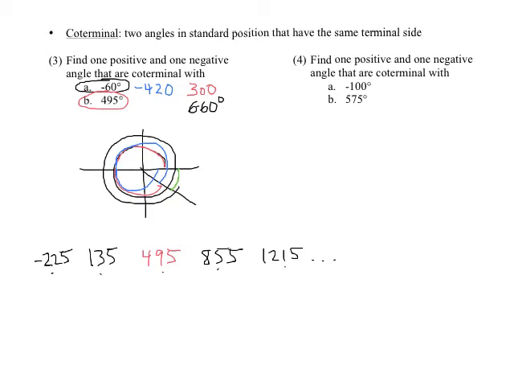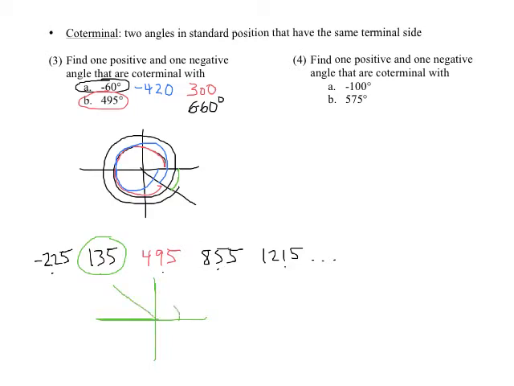And personally, of all of these different angles, the one that I'm most interested in is probably the positive one that's between 0 and 360. In this case, the 135 would be most interesting to me because that's the one that I can see and draw the quickest. 495 would end where 135 ends, and 135 is between 90 and 180, in fact, halfway between.